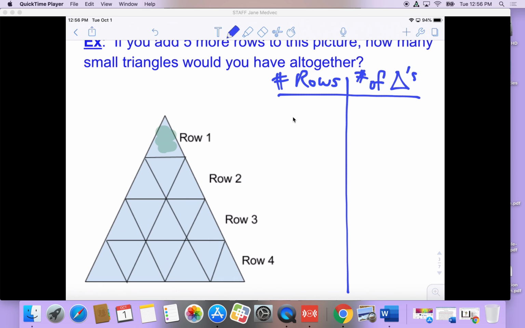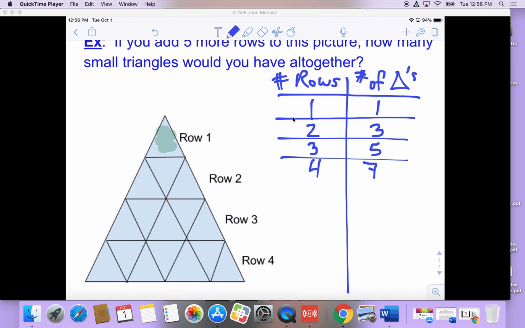And I have 1 triangle. Then I'm going to look in row 2, and how many triangles do I have in that row? 3. Yep. Okay. The third row, how many triangles? 5. Fourth row, how many triangles? 7. Okay.